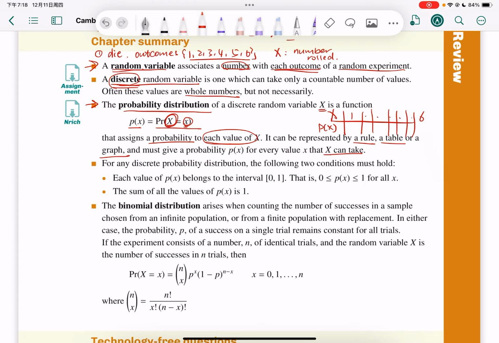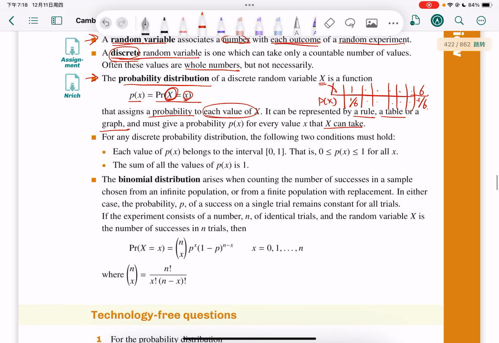And if it's the same probability for us to get any side, then p(X = 1) equals p(X = 2), equals 3, 4, 5, 6. So we should have 1/6 for each grid. Yeah, and that's the way we represent it through a table.